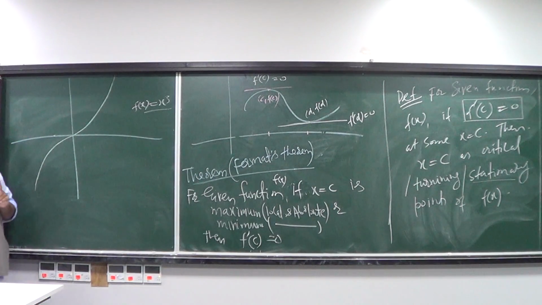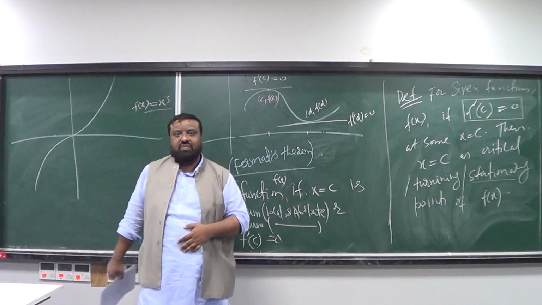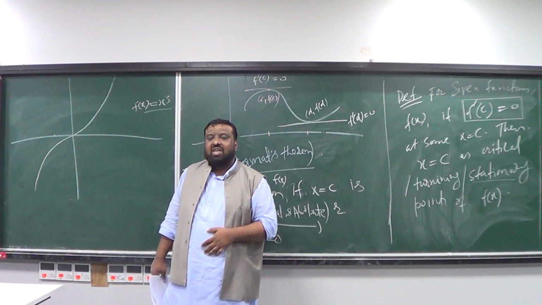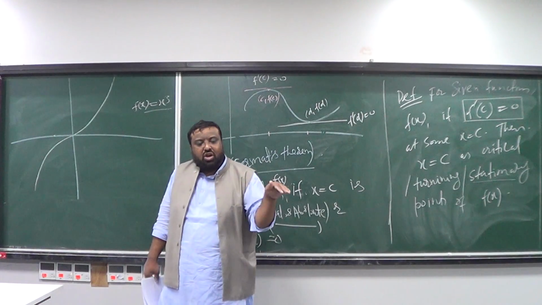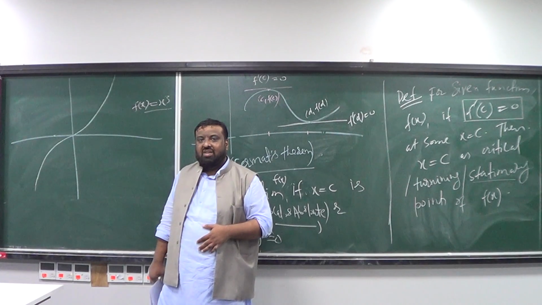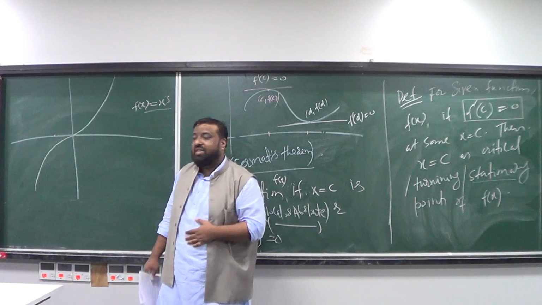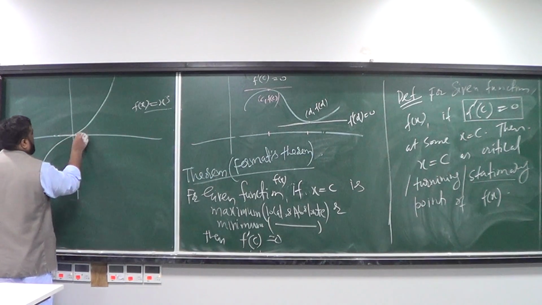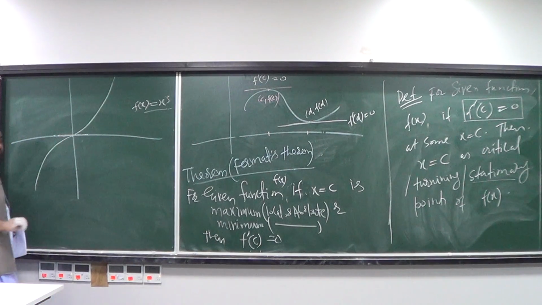Can you think of having a critical point in this curve? So where is a critical point? In other words, where is the point where, if you draw the tangent line, that tangent line has a slope 0? Or where is the point where the function has a 0 derivative? You're going to say this is the point.